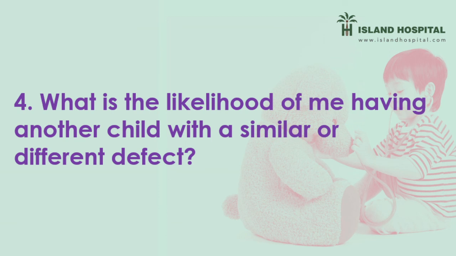So generally, we say that the risk is about 1 to 5% of getting a second baby with a similar heart condition. And if two children in the same family have already had a heart condition, then the risk for the third child can go up to about 10%. But like what I mentioned earlier, you can actually detect all these conditions in utero, when the baby is inside the mother's womb.